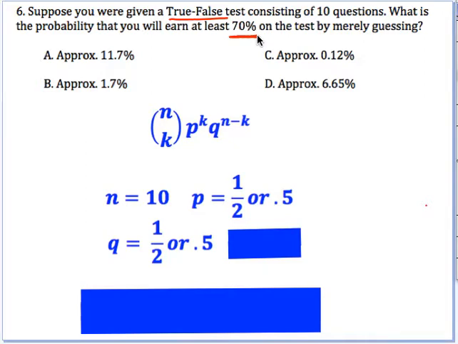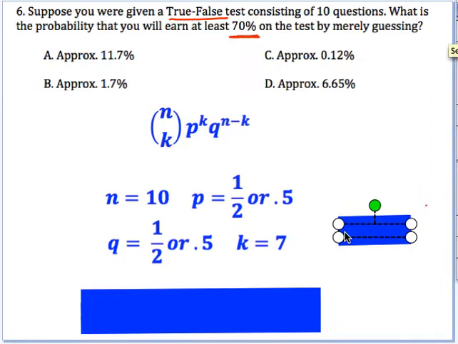So if we get a 70 on our test, that means I have to have 7 correct answers. The way I know that is because if I have 10 questions, then each question is worth 10 points, and if I get a 70, then I have 7 correct answers. So my K value in this case is going to be 7.